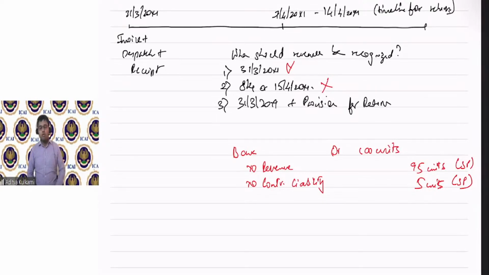Now, suppose the question is, sir, we had estimated 5, but 20 units are returned instead of 5. Then next year you may reverse the revenue. Yes, next year you can reverse it as a change in estimate.